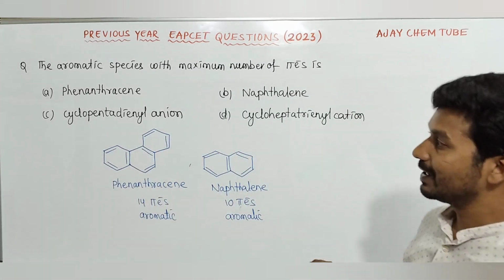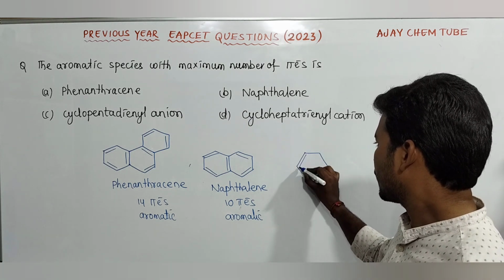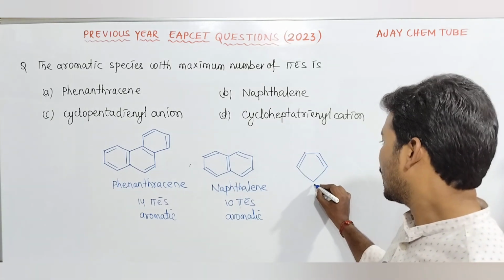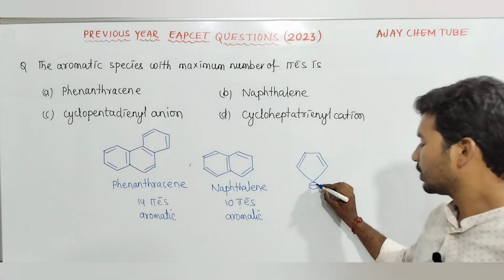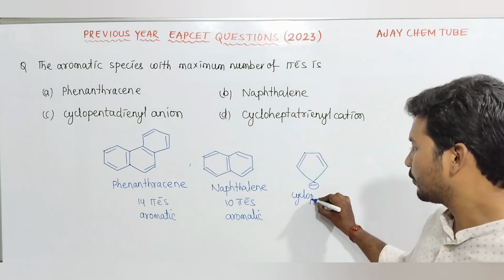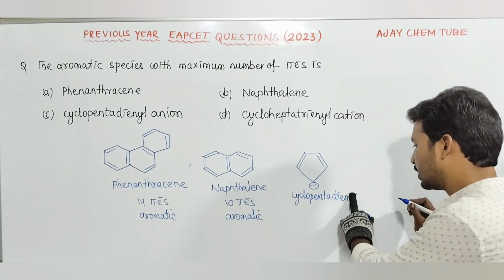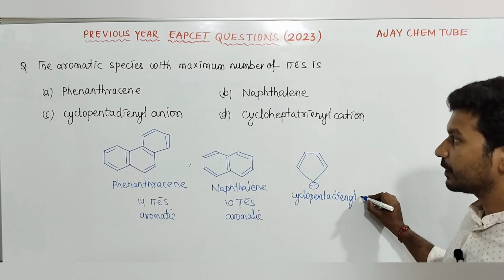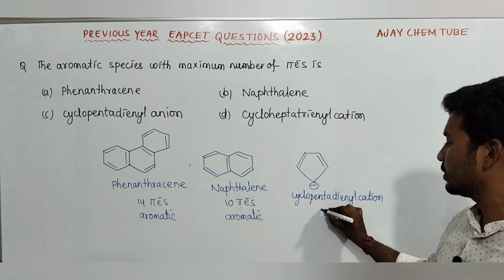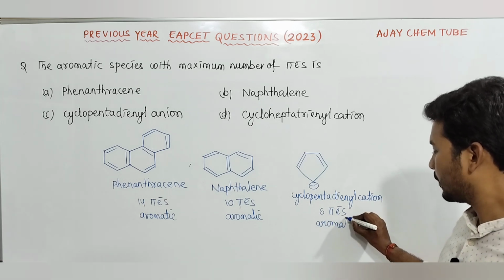Third one, cyclopentadienyl. Penta means 5. Cyclopentadienyl: diene, 2 double bonds, anion, negative charge. Cyclo because cyclic, penta because 5 carbons. Dienyl anion. How many electrons? 6 pi electrons. 6 is also a 4n+2 number. So this is also aromatic.